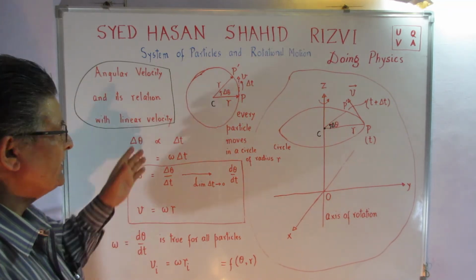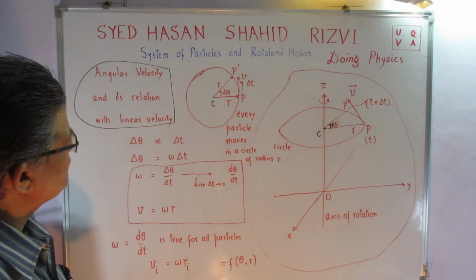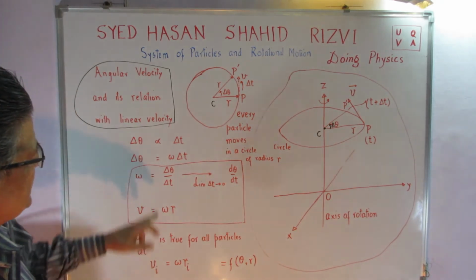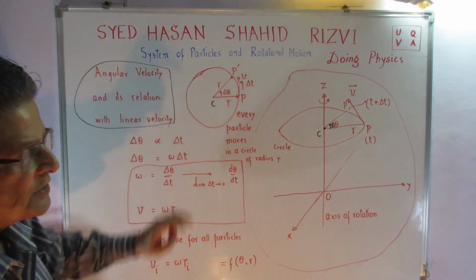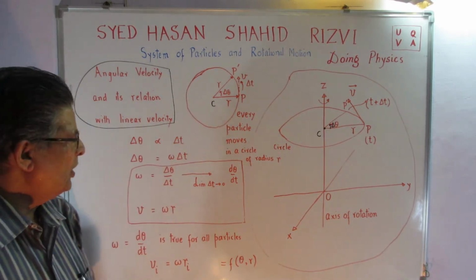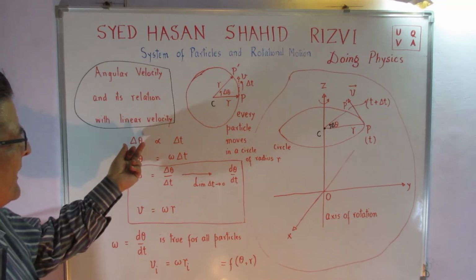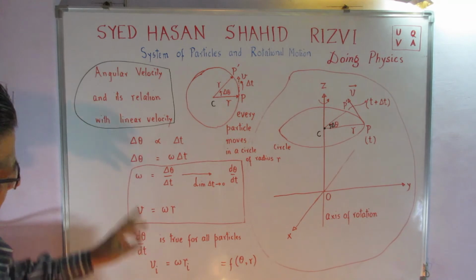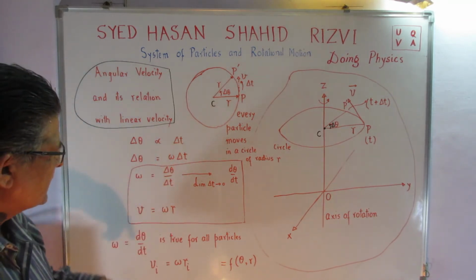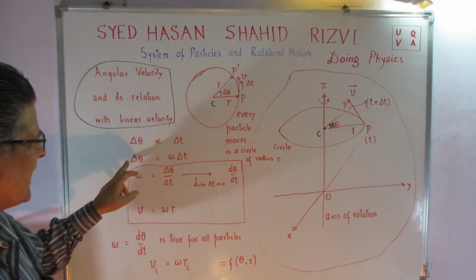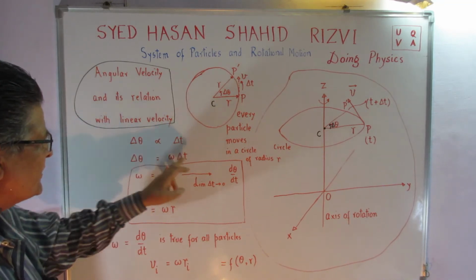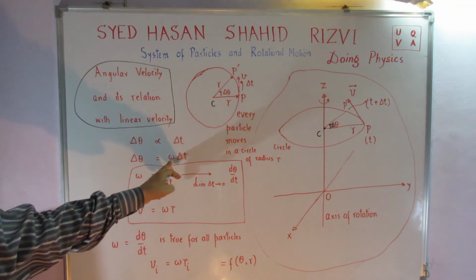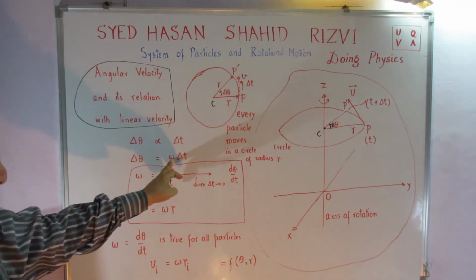The delta theta in this case of circular motion, as I have shown before, is directly proportional to the time spent. So on the average, delta theta is proportional to delta t, and a linear relation requires a constant of proportionality.